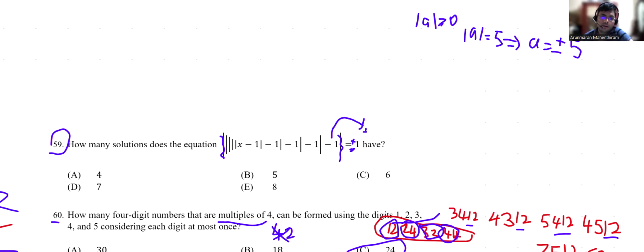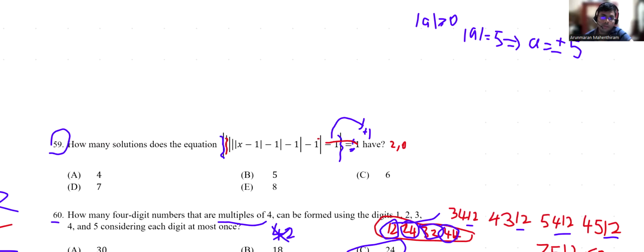So now the value of this modulus is equal to 1 plus 1, 2, or 1 minus 1, which is 0. 2 or 0. 2 is positive, 0 is a non-negative number. So modulus can be greater than or equal to 0. Now we remove this second modulus.